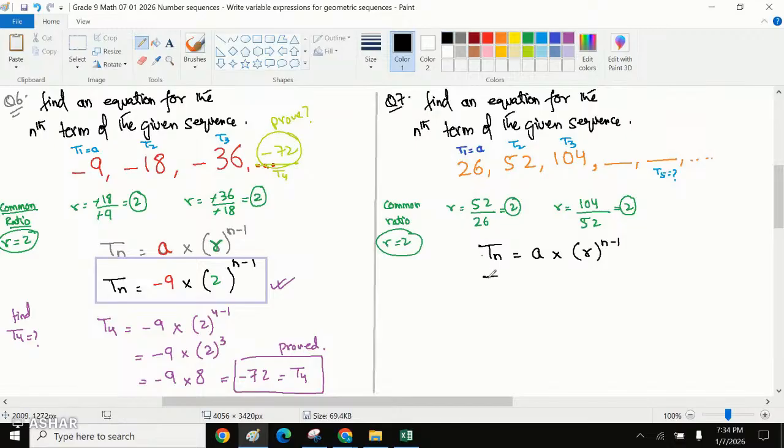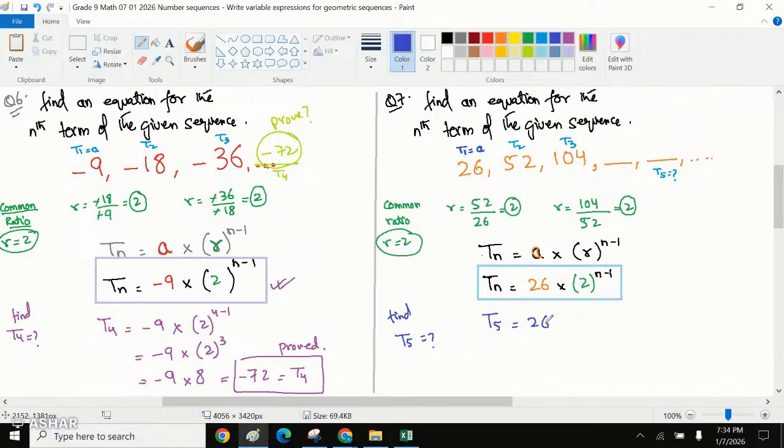That means Tn would equal A, which was given as 26, multiplied by the ratio. Ratio was given as 2 and n was unknown, so it stays as n minus 1. So this is the answer for the nth term. If we need to find term number 5, all we need to do is replace n by 5.